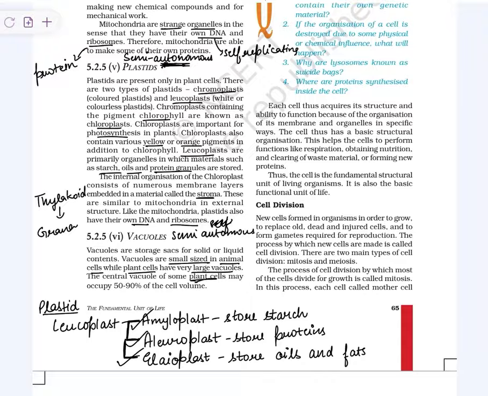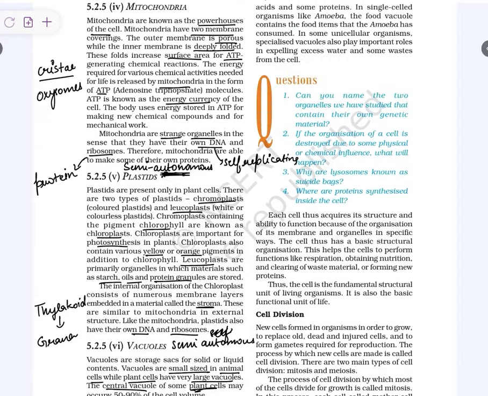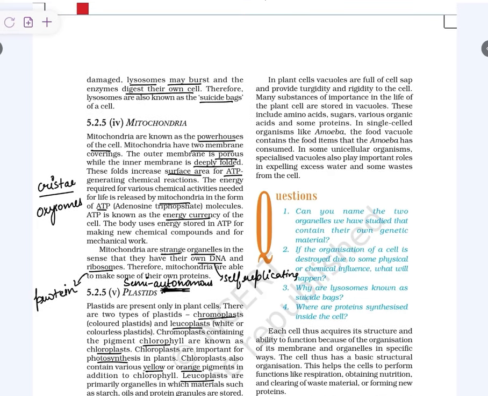जनरली इन प्लांट सेल्स the central vacuole is present, मीन्स प्लांट सेल में जो वैक्यूल है वो सेंटर पोजीशन एक्वायर करता है और around 50 to 90% ऑफ द स्पेस सेल का ऑक्यूपाई कर लेता है. In plant cells, vacuoles are full of cell sap, provide turgidity and rigidity to the cell.